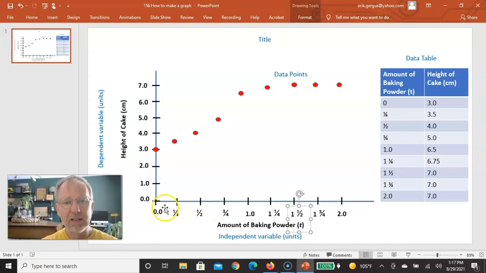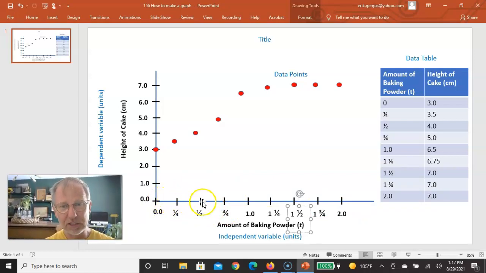Okay. So we cross the x-axis appropriately the amount of baking powder that we measured in the experiment, that we manipulated, anywhere from 0 teaspoons up to 2 teaspoons. And you always put your numbers across the axis in even intervals.